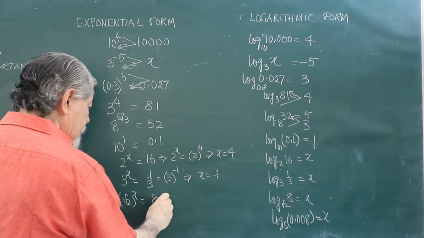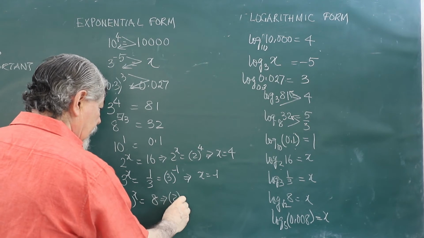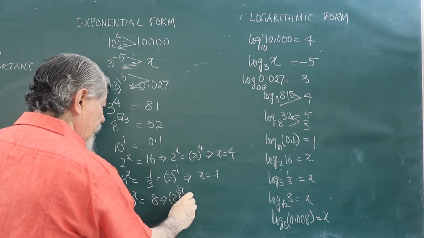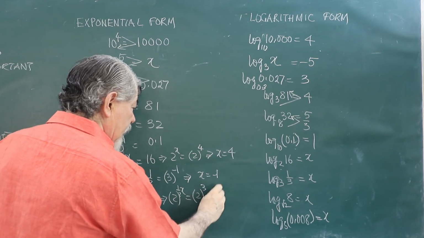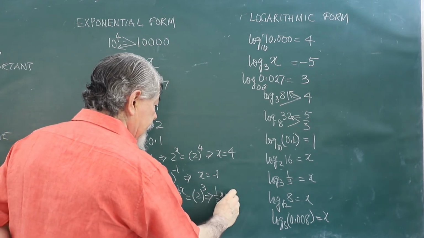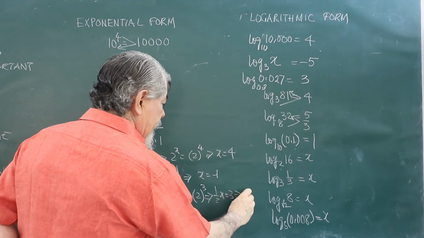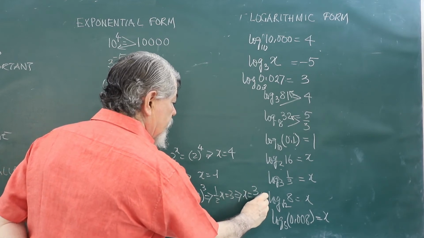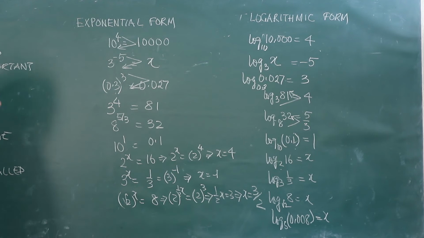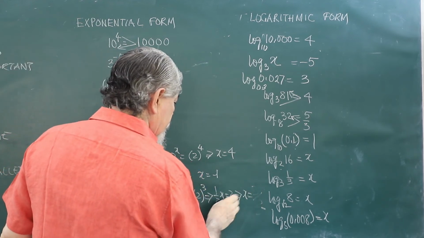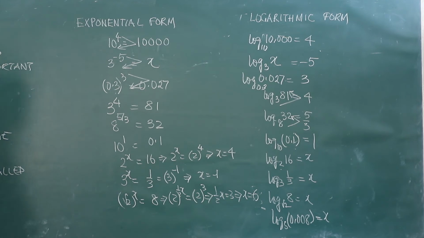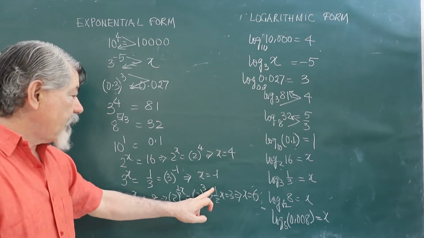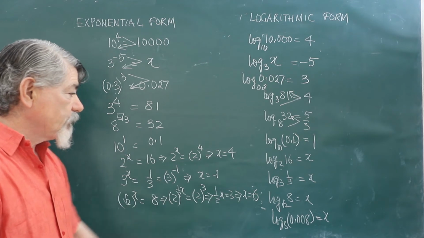Now what will happen is 2 to the power half x, because root means half, and it is 2 to the power 3. That means half x is equal to 3, or that will imply x is equal to 6. Because half x is equal to 3, so x will be equal to 6.